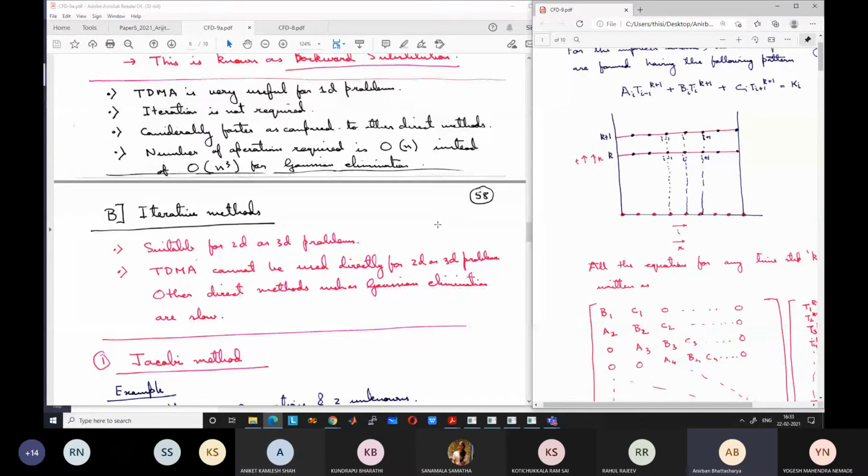So how much time increase will there be? Not 10,000 times. 10,000 times means linearly increasing. It is not linearly increasing. For Gaussian elimination, we have established it increases n cube times.